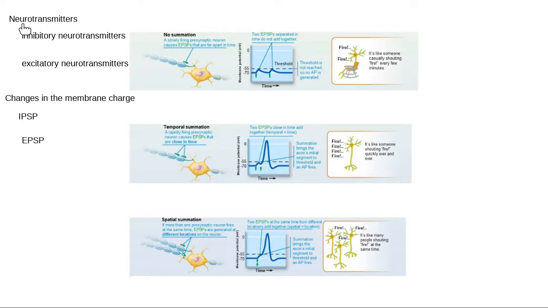These are the actual messages. When those messages are received, they lead us to have IPSPs or EPSPs. They lead us to change our membrane charge in particular ways. So to say it again, neurotransmitters are the messages. When the messages are received, they change the membrane charge, either making an IPSP or an EPSP. Does that help?